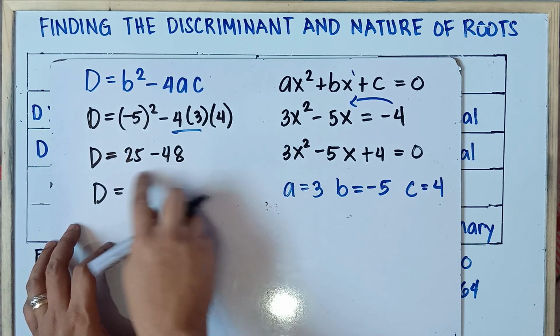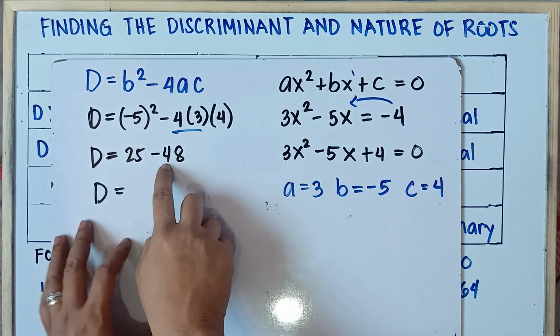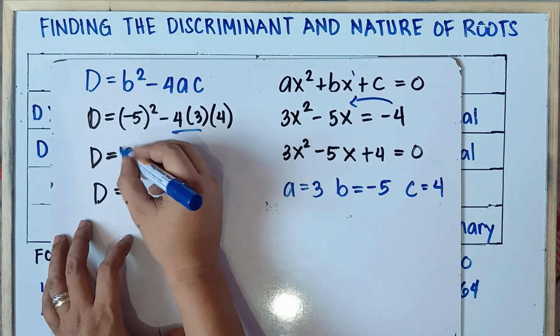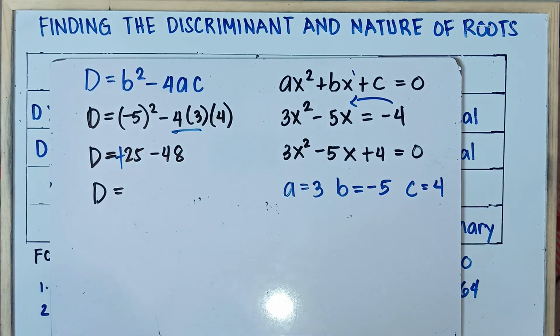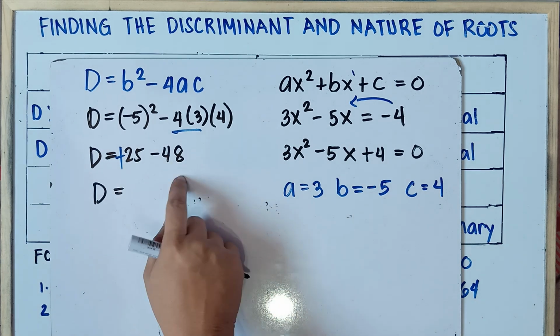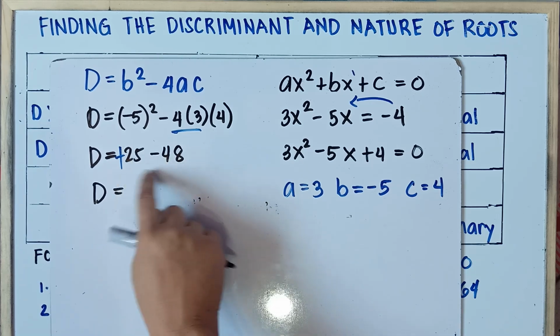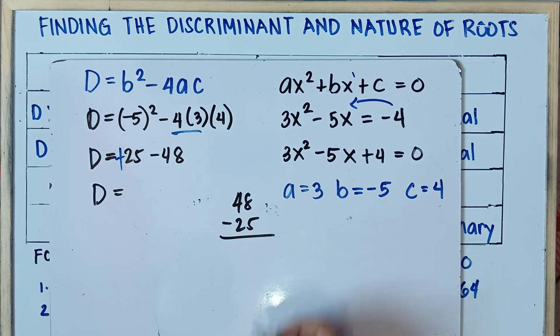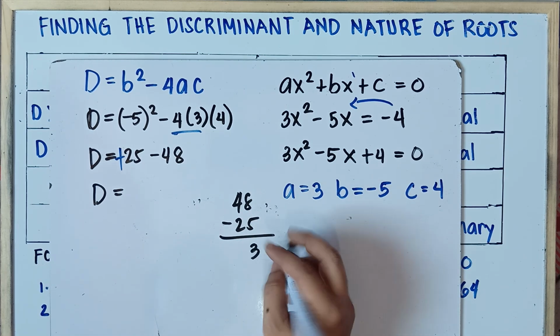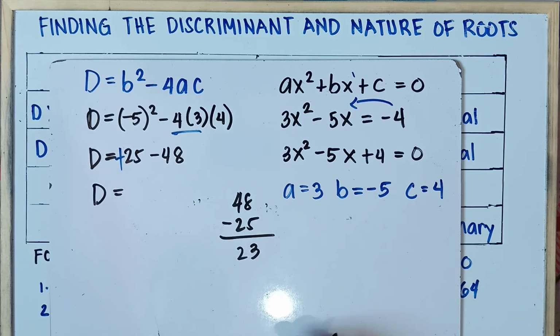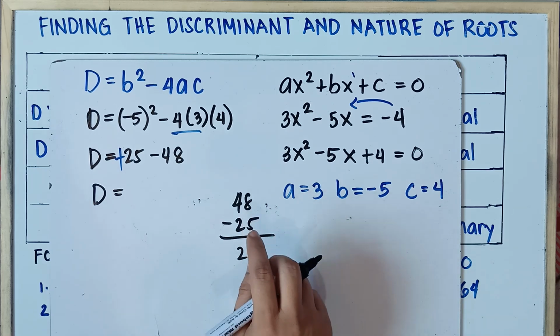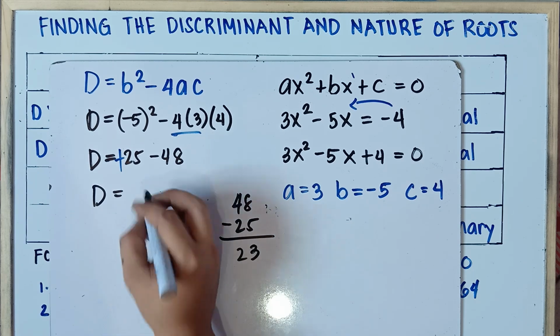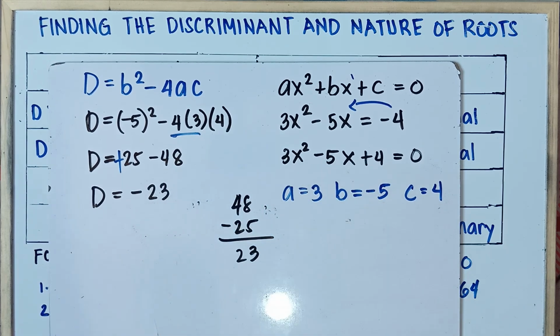Once again, class, if the signs are not the same, we have negative 48, positive 25. So, if the signs are not the same, we subtract and then copy the sign of the larger number. Unlike signs, class, you subtract, then copy the sign of the larger number. So, 48 minus 25, we subtract. 8 minus 5 is 3. 4 minus 2 is 2. Now, since 48 is greater than 25, we copy the sign. This will be negative 23.